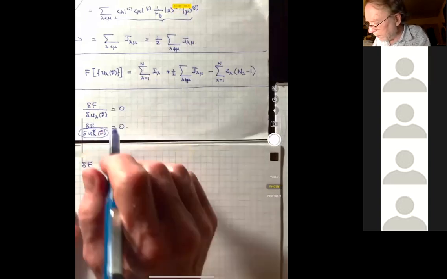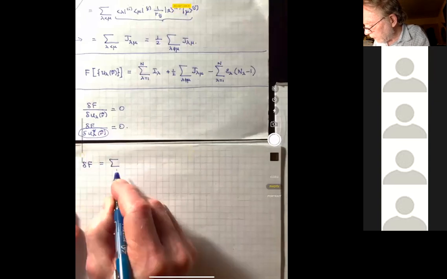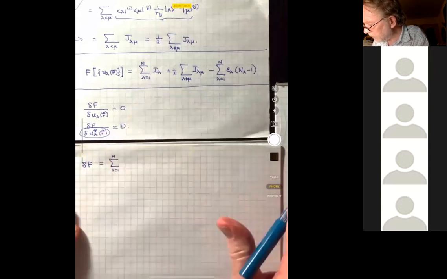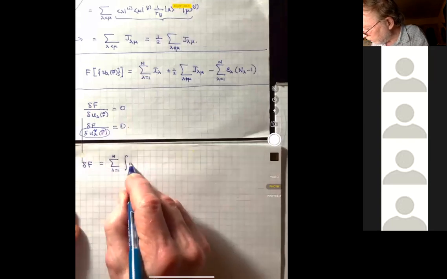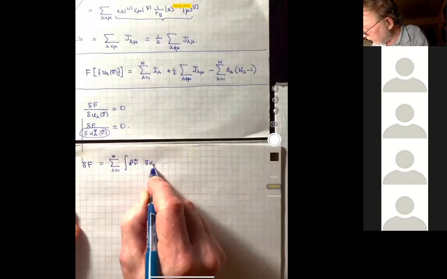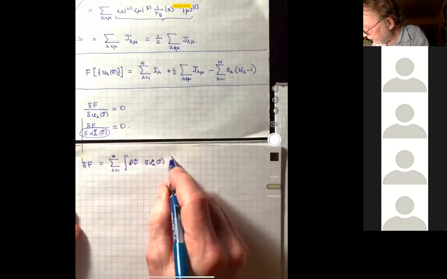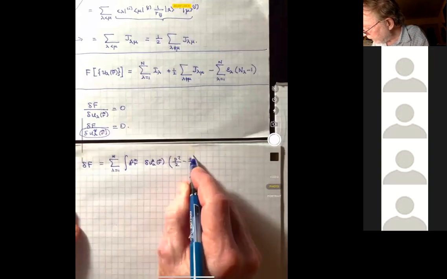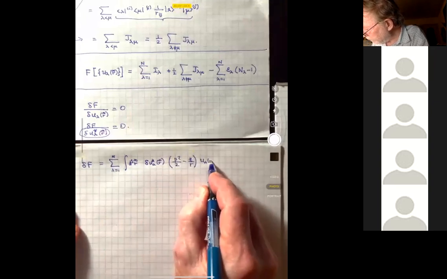First of all, we get the sum lambda equals 1 to n. This is coming from the I lambda, which is an integral d cubed r. Then we get delta u lambda star of r, then p squared over 2 minus z over r, then u lambda of r.